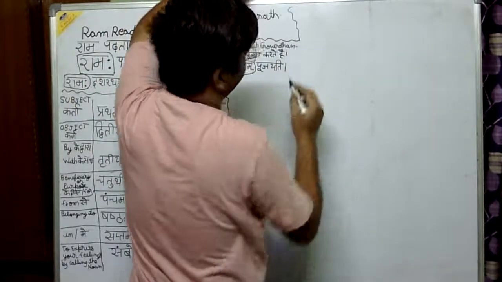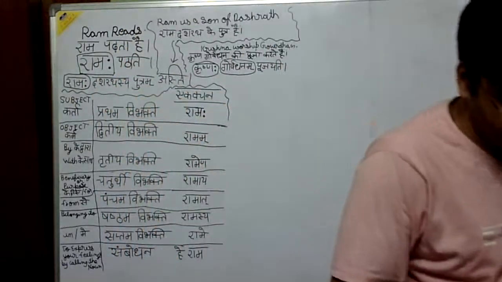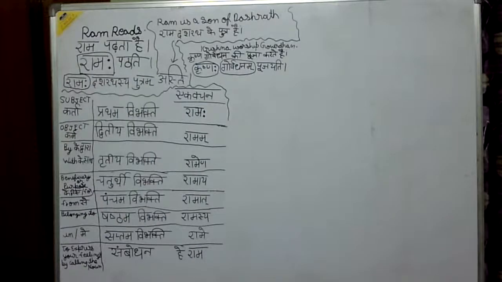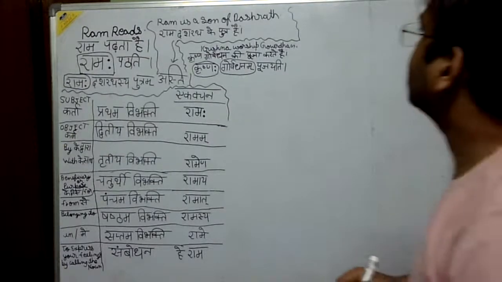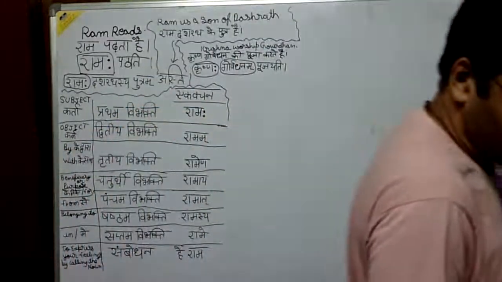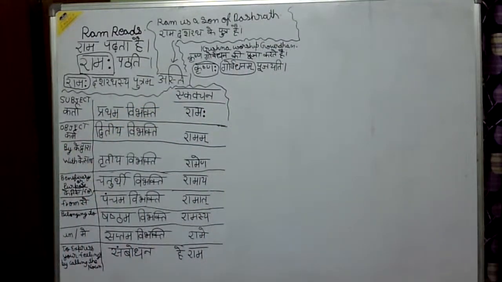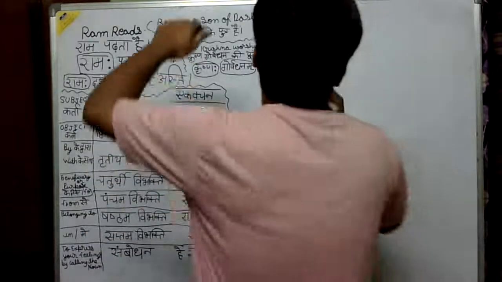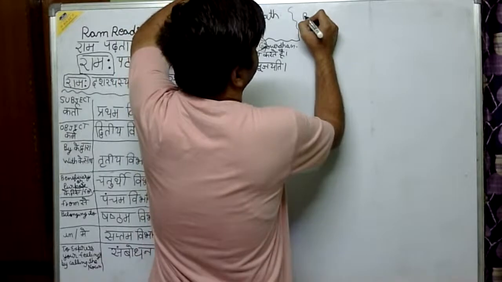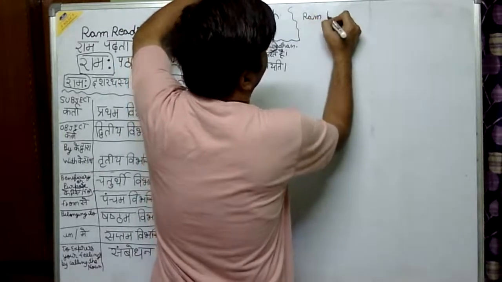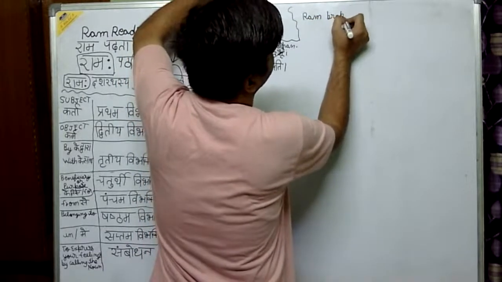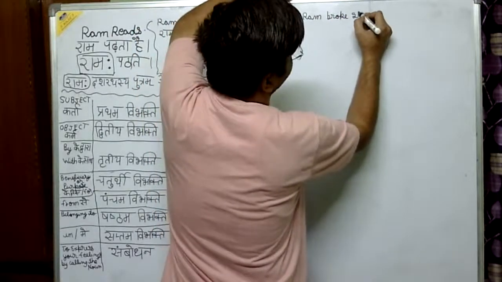For by, I shall write a sentence. Ram broke Shiv Dhanusha.